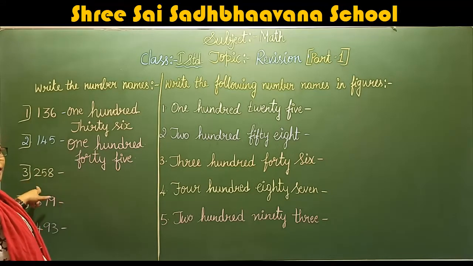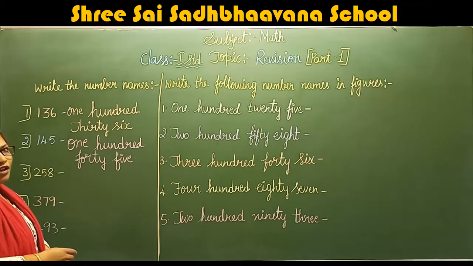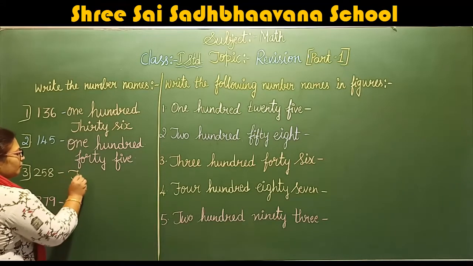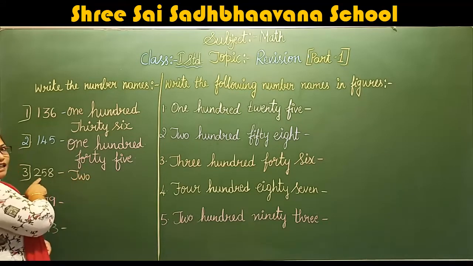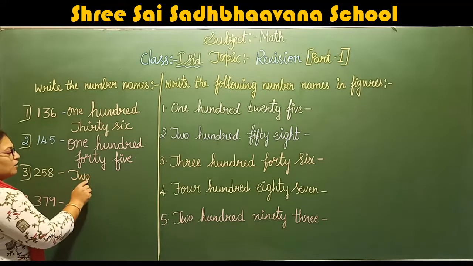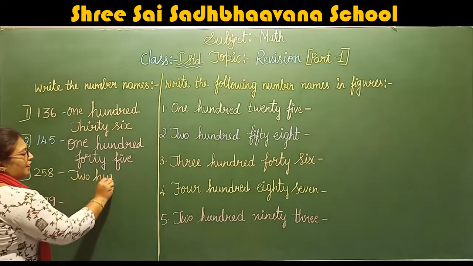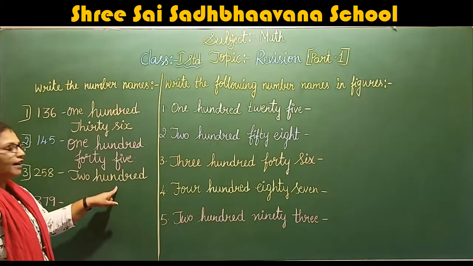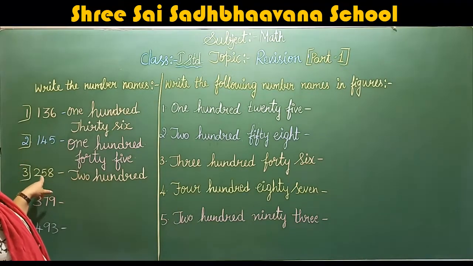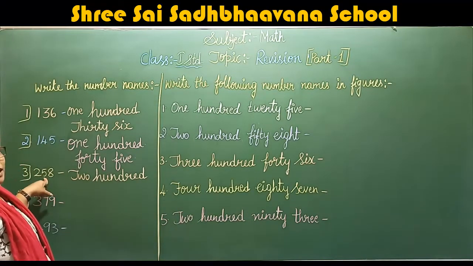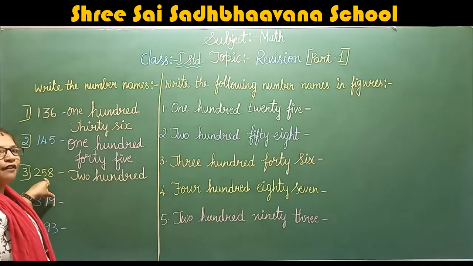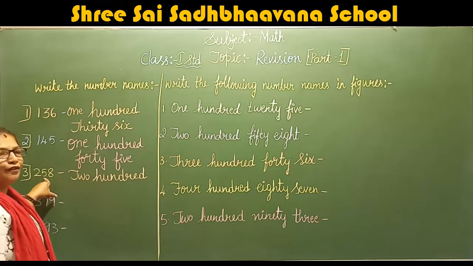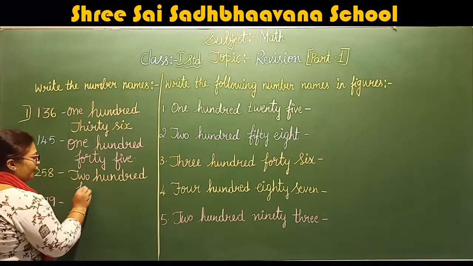So next is 258. 2 is in the hundreds place, so first write 2, and it is in the hundreds place, so 200. H-U-N-D-R-E-D. So 5, 8 is there. In the tens place 5 is there, so 5 tens become 50, right? What is the spelling of 50?